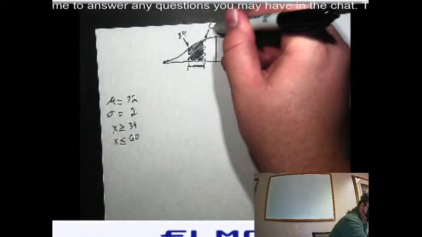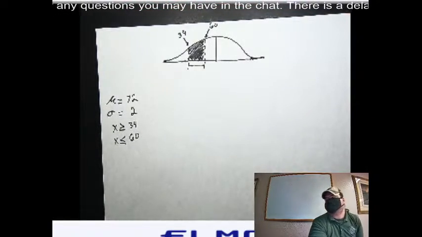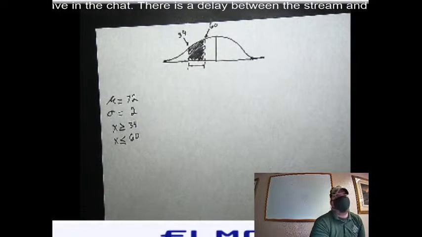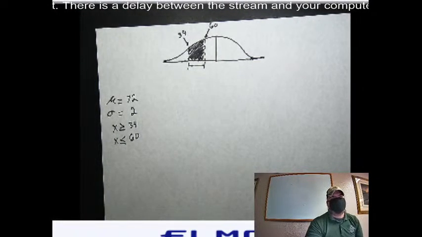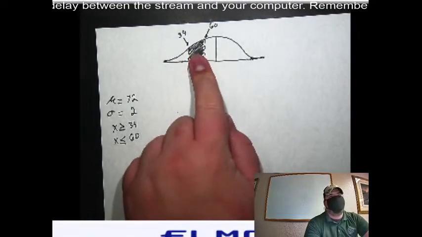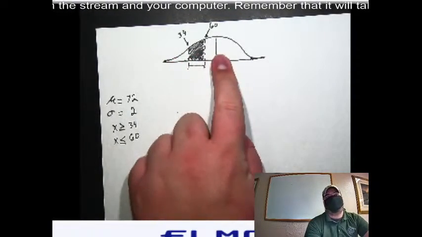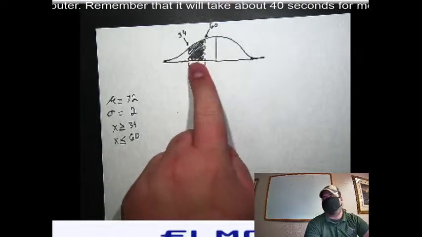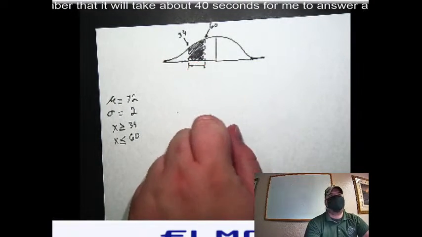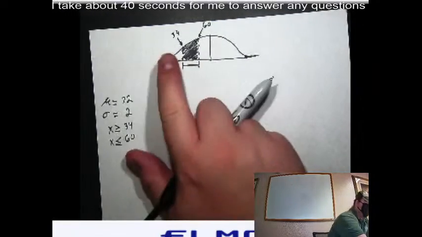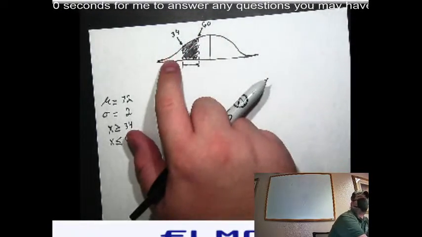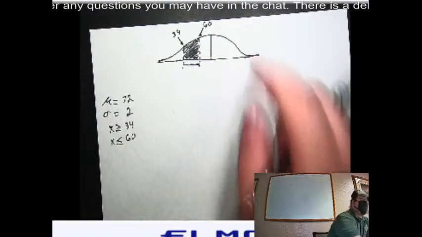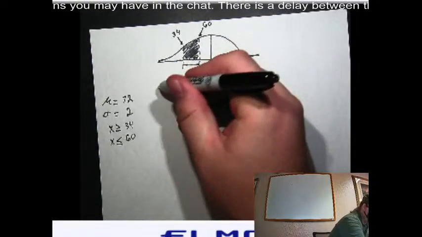Okay. Like I was saying before, what we need to do here really is not calculate anything about between here, but calculate the stuff that is outside of it so that we can take it away from the whole and just be left with what we want. So really, we're going to need to calculate two of these things. We're going to need to calculate the area of this side and the area of this side. So let's go ahead and set that up.